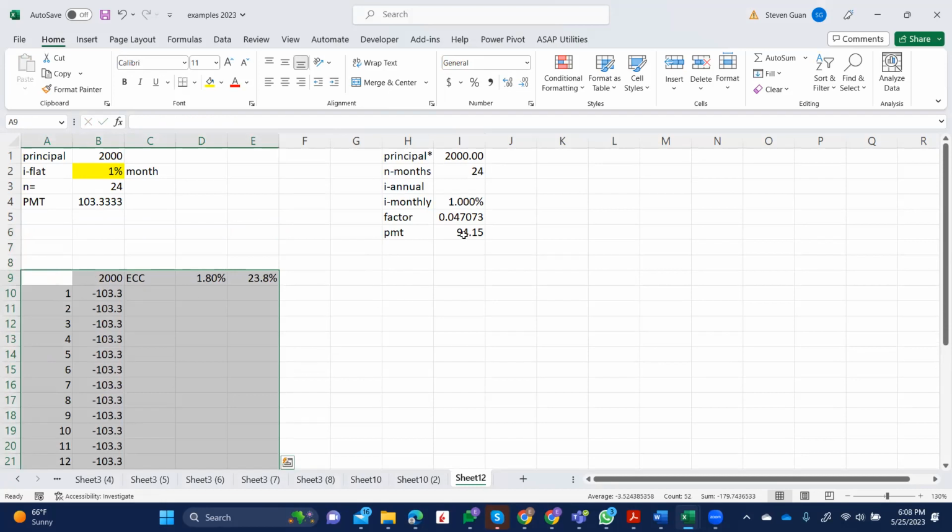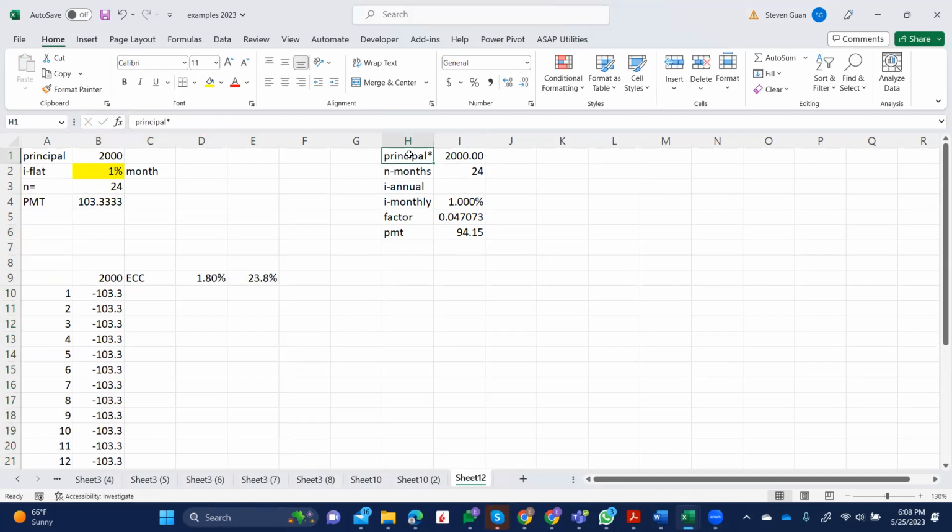If I do my calculation using the compounding interest rate, I should be paying 94.15, instead of this number here. Make sense to you, guys? So my annual interest rate, if this is true, should indeed be 1% compounding, which is 1 plus 1% to the power 12 minus 1. So indeed, it's 13% compounding versus 23% flat or simple. Make sense to you guys?